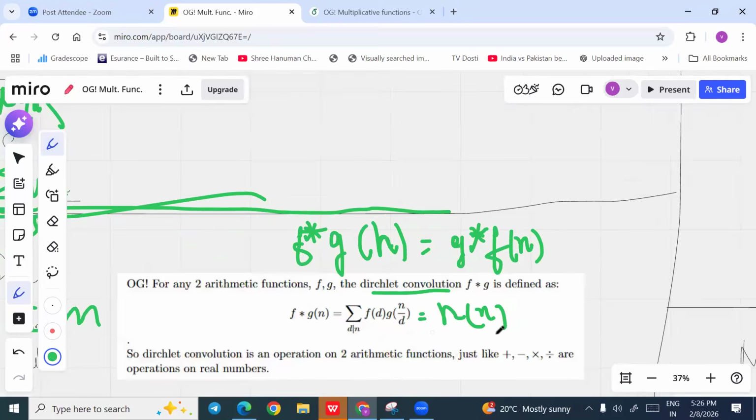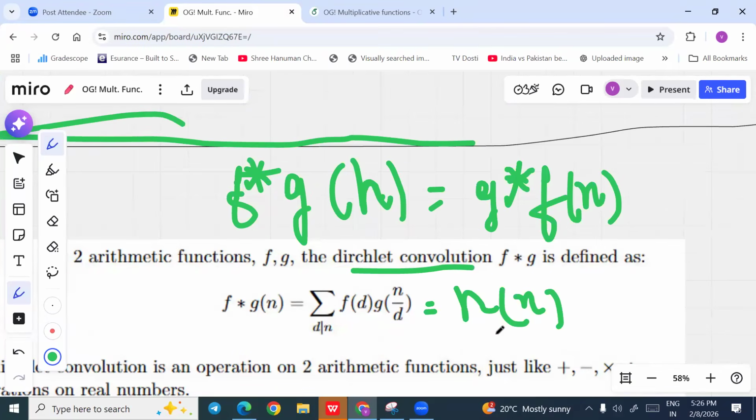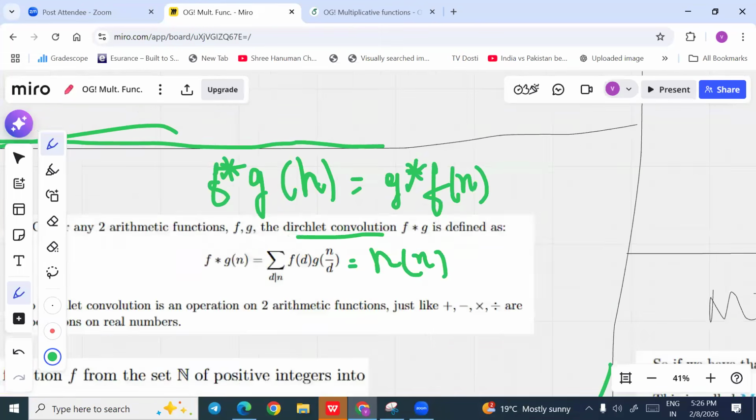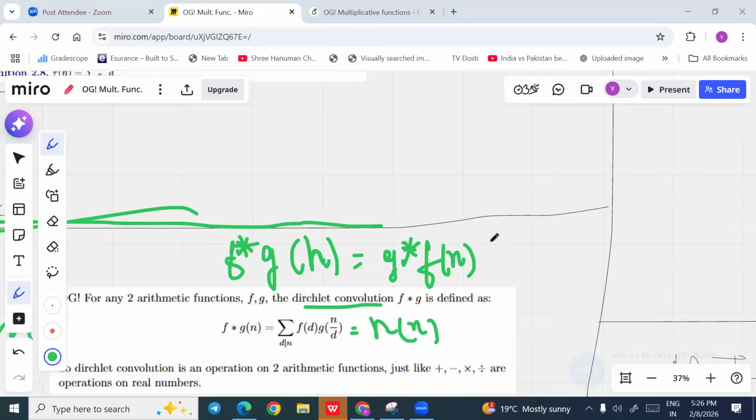Just replace d with n by d. Again, n by d is also a divisor of n, so if d is a divisor, then n by d is a divisor, and vice versa.